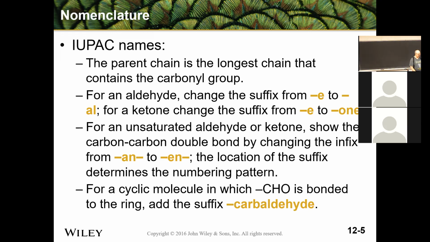Okay, for an unsaturated aldehyde or ketone, we'll show the carbon-carbon double bond by changing the infix from AN to EN, the location of the suffix then determines the numbering pattern. Okay, I'll show you some examples of that. All right, for a cyclic molecule in which CHO, that is the aldehyde group, is bonded to the ring, we'll add the suffix carbaldehyde.